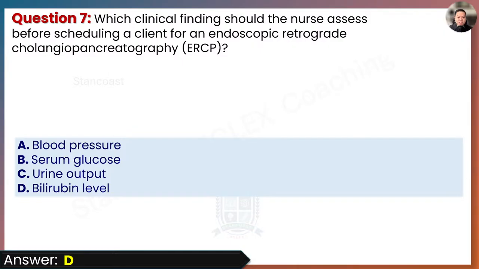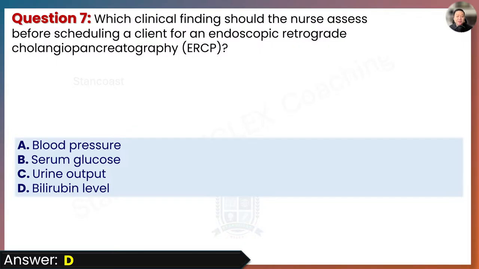And usually the procedure will be postponed in such cases. Now, performing the ERCP in a patient with high bilirubin levels can exacerbate the bile duct obstruction due to the potential swelling and also edema from the cannulation done by the gastroenterologist, and this will make the obstruction worse.